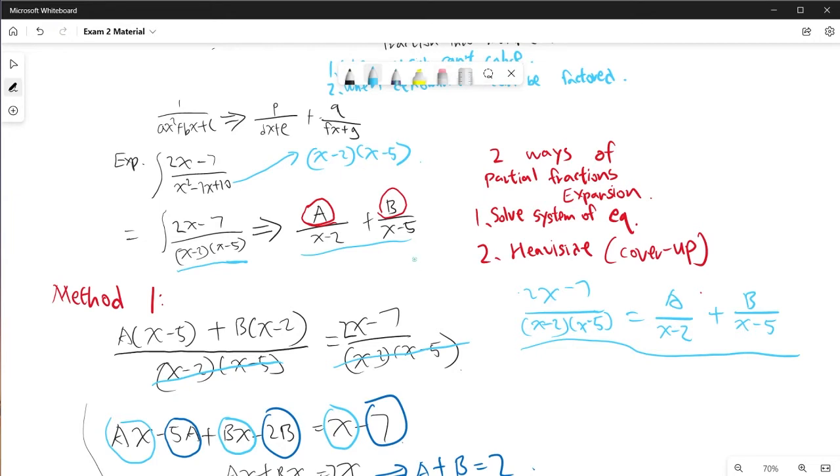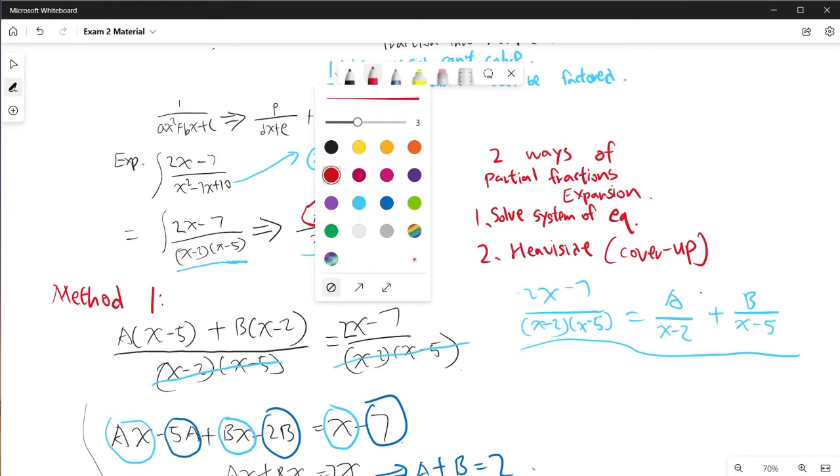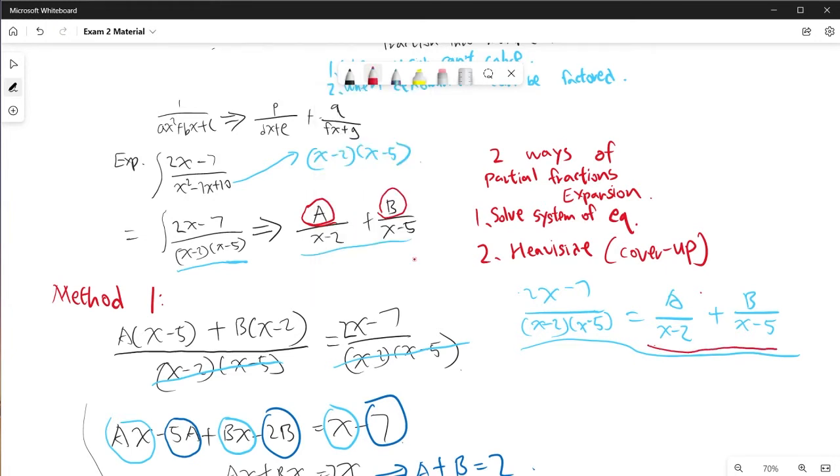The clever part is that once you combine the two fractions on the right-hand side, you get something like this. Over here, I switched the left and right. So I have a times the other denominator, to get to the common denominator, and then we'll have b times the x minus 2 part.